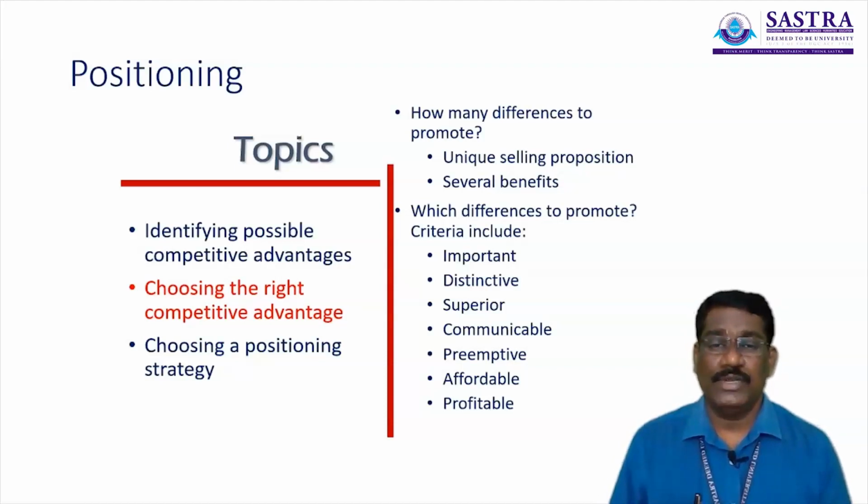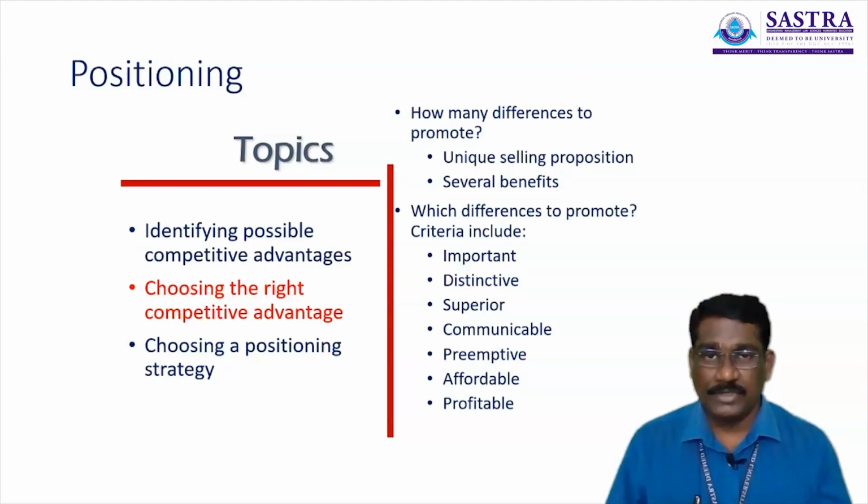We call it a unique selling proposition, where the benefits are brought together and delivered to the customer. As I told you, Head and Shoulders shampoo is all about killing the dandruff. So that part is very important.